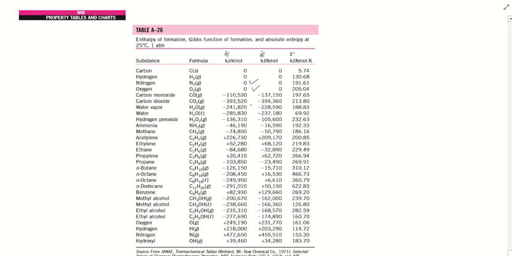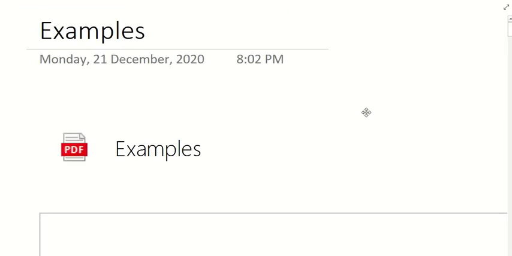Water vapor, not liquid, not moisture, because dry. So we list those out and put them into our table.